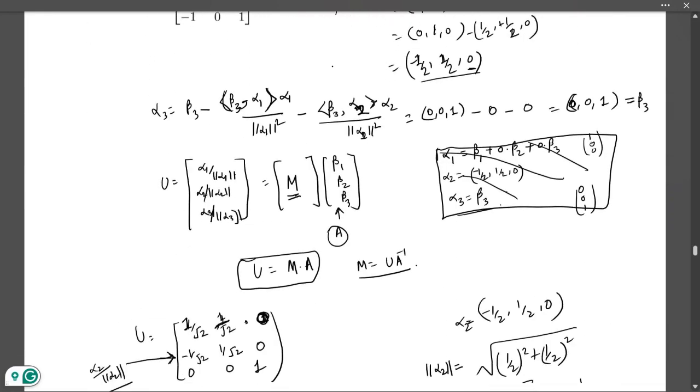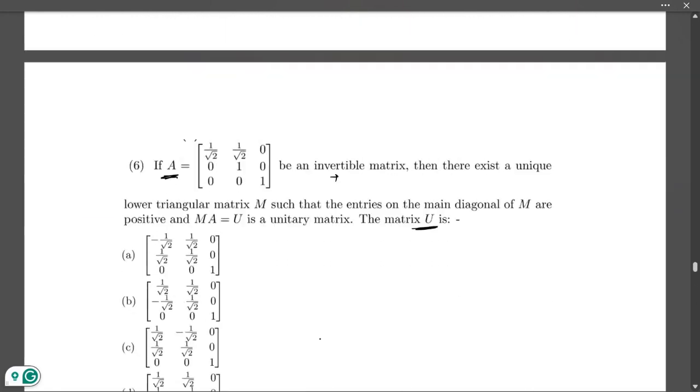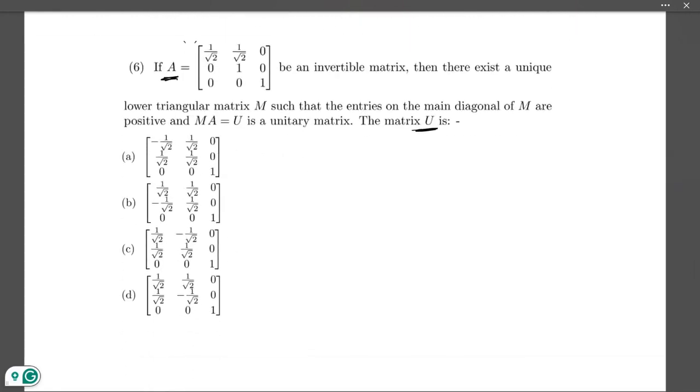Correct. So which option is correct? I think B. B, right. We are getting minus 1. Okay. So this is from the fifth question. Everything else is incorrect.